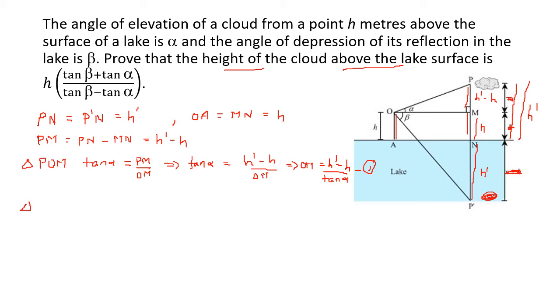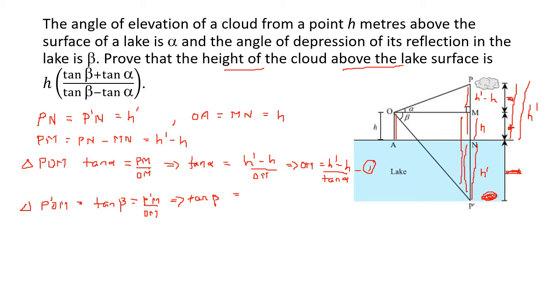Now look at triangle P prime OM. Here we have tan beta equal to opposite. So opposite is P prime M upon OM, implies tan beta equal to, what is P prime M? So it is h prime plus h, whole thing.